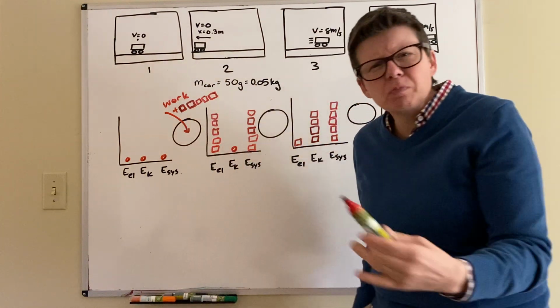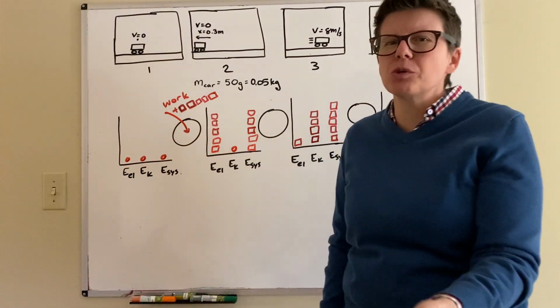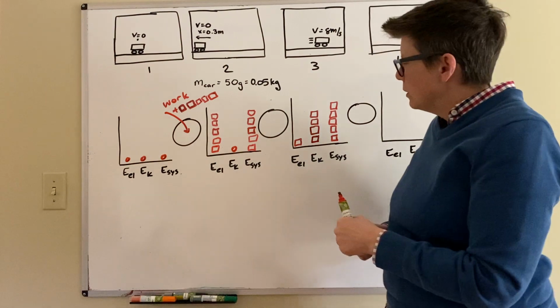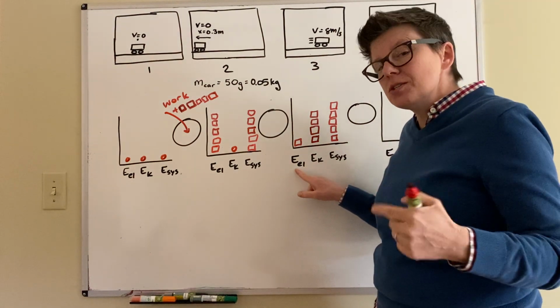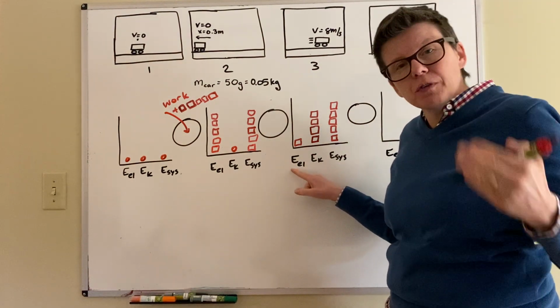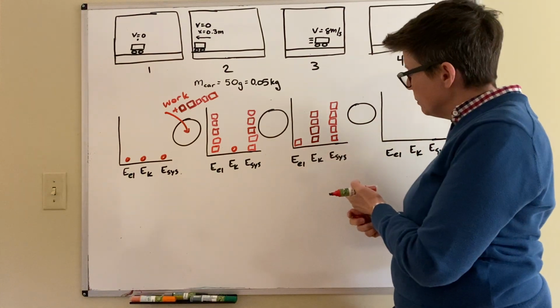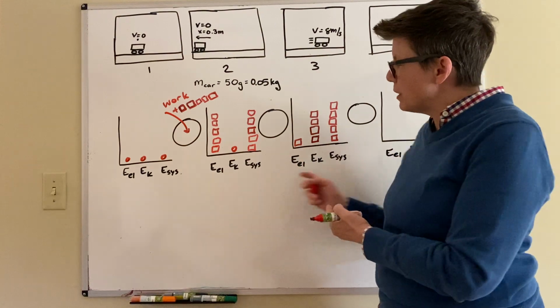This is the problem with just picking the number of blocks at the beginning. If you're not sure where it's going to go, you might need to juggle them around a little bit. All right, so the elastic energy is transferring into the kinetic category, and the car is speeding up, and we've still got the same amount of energy here to here.